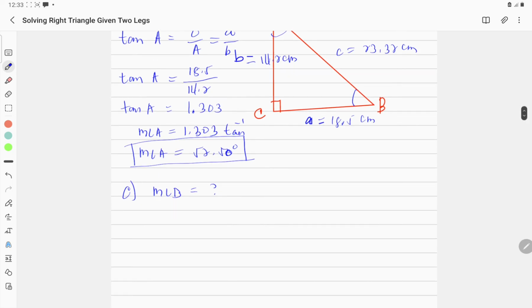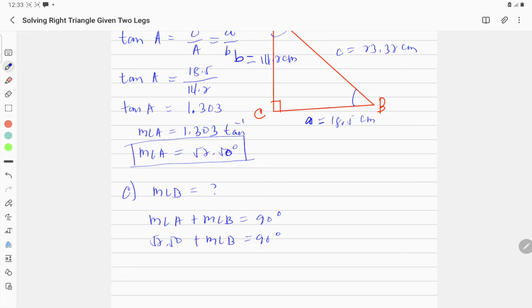Now we know that the measure of angle A plus the measure of angle B is equal to 90 because they are complementary angles. So we can easily plug in the measure of angle A, that is 52.50, plus the measure of angle B is equal to 90 degrees.